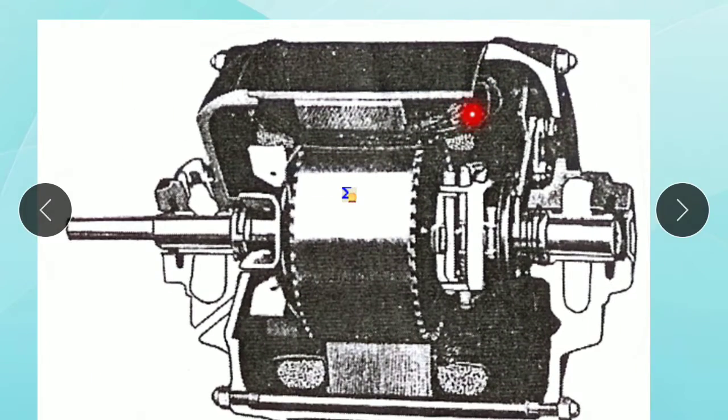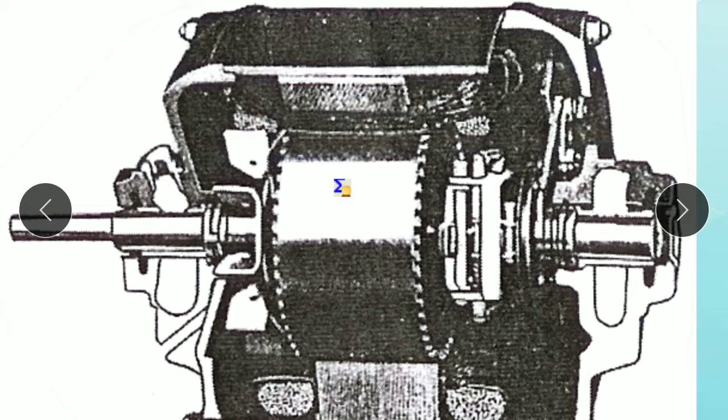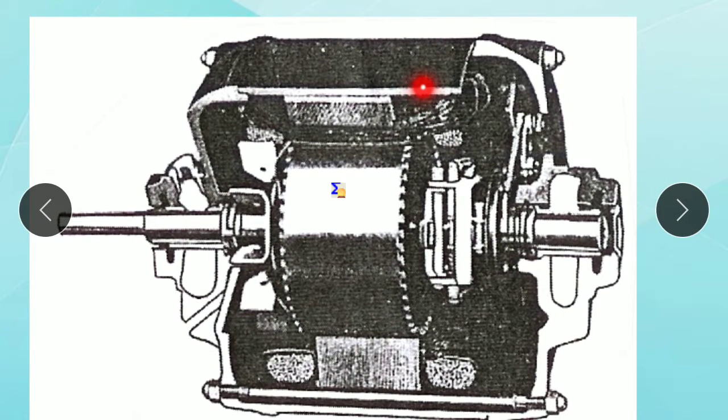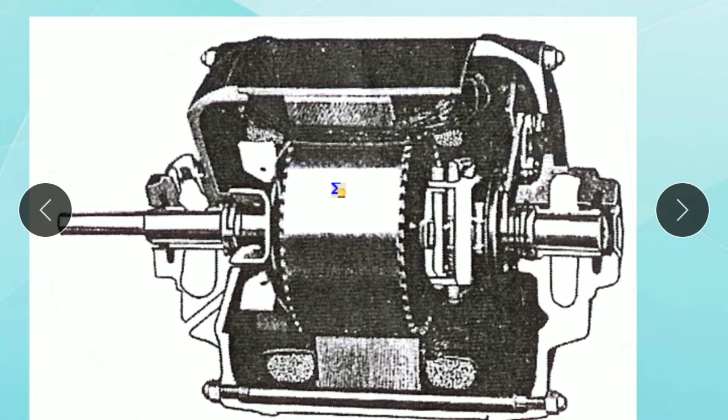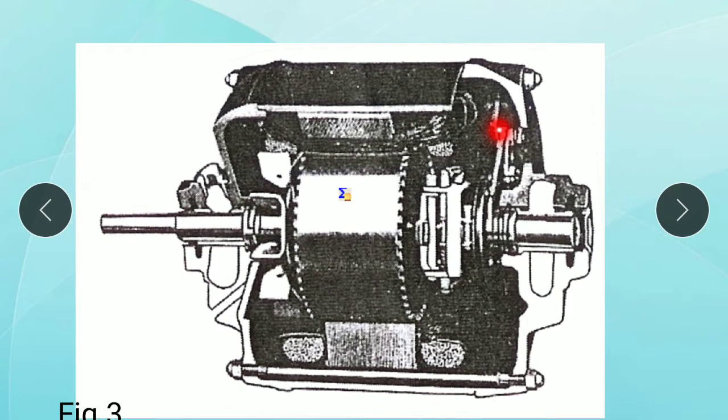Observe this one clearly. This is the shaft and rotor, this is the rotor, and these are the stator and the yoke sides.